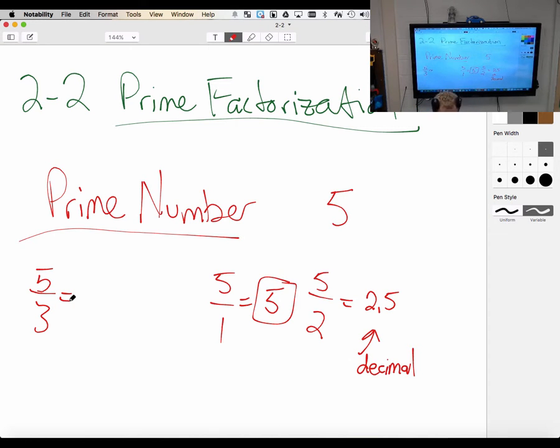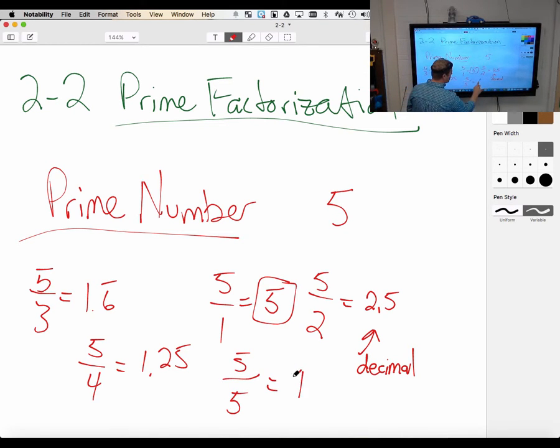Try it. 5 divided by 3, I think it's like 1.6 repeating. Again, a decimal, not a whole number. 5 divided by 4 is what, 1.25? Okay, and again, it's a decimal. So here's what we're saying. If you take 5 divided by 5, you get 1.